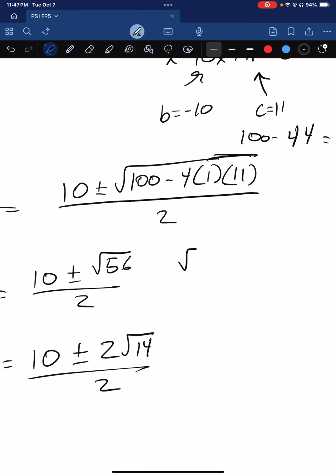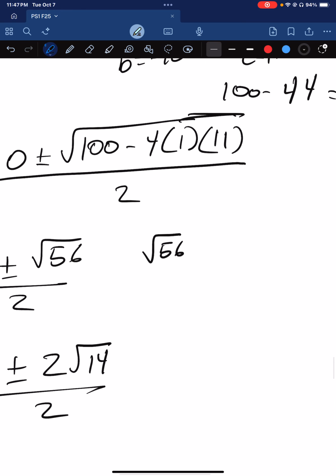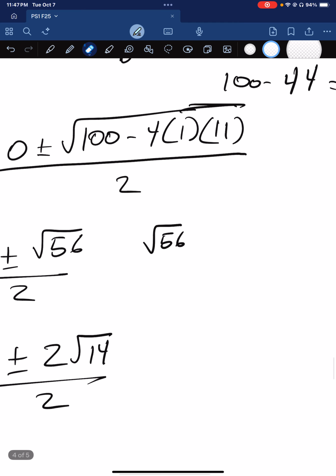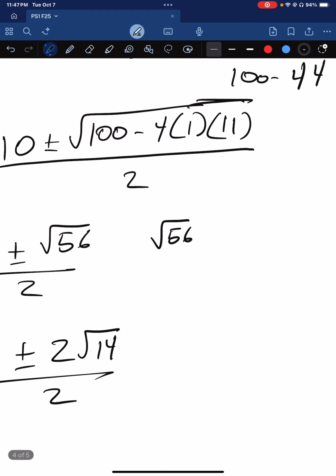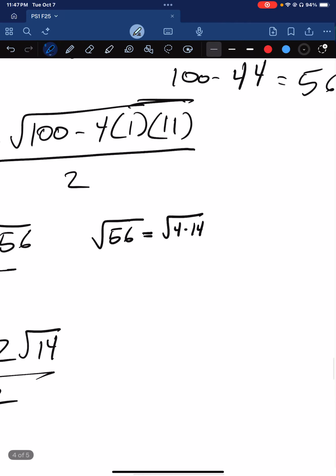So the way we simplify radicals is by finding the biggest perfect square that goes into them. 56, just from having been around 56 a lot in my lifetime, I know that 56 is divisible by 4. And so 56 is the same thing as 4 times 14, which is the same thing as the square root of 4 times the square root of 14.